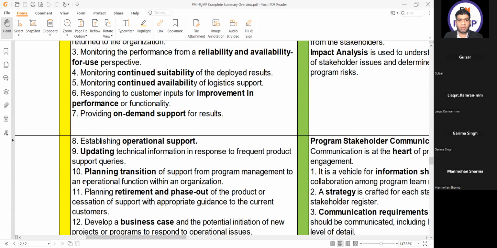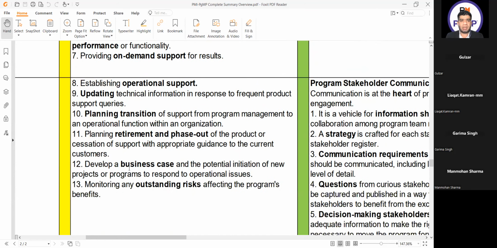Establishing operational support, updating technical information in response to frequent product support queries, planning transition of support from program management to an operational function within the organization, planning retirement and phase out of the product or cessation of support with appropriate guidance to the current customers.